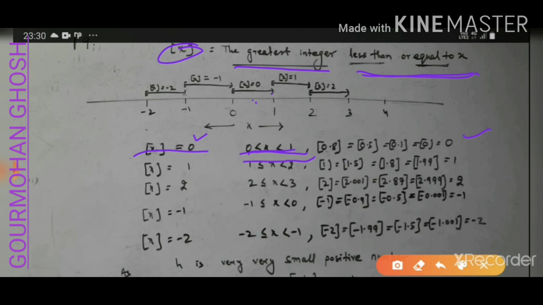Similarly, when x is from 1 to 2, 1 less than or equal to x less than 2, that value is always 1. So the greatest integer of 1 is 1, of 1.2 is 1, of 1.8 is 1, and of 1.99 is also 1. So from 1 closed to 2 open, the value is always 1.